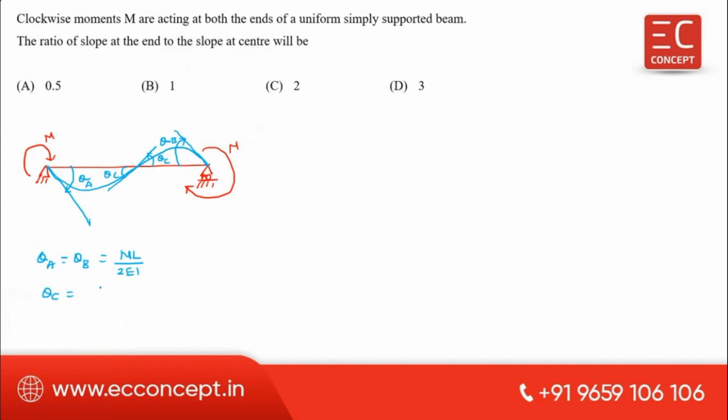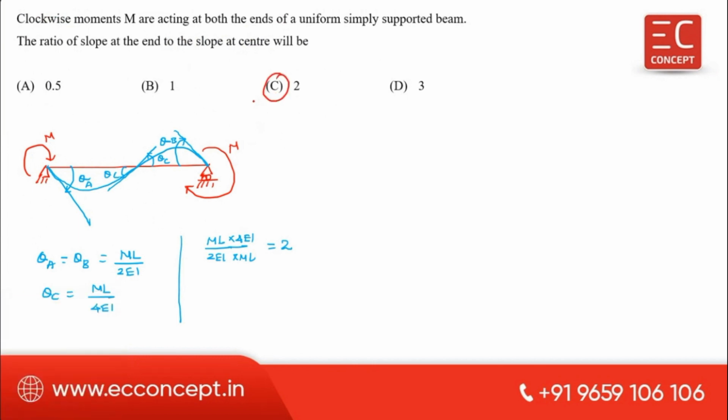Theta C is equal to M L by 4EI. So they are asking the ratio, that is M L by 2EI over M L by 4EI. So the answer for this question is 2 now.